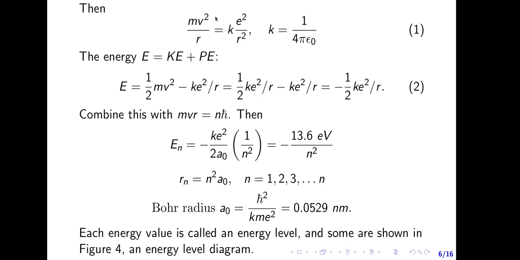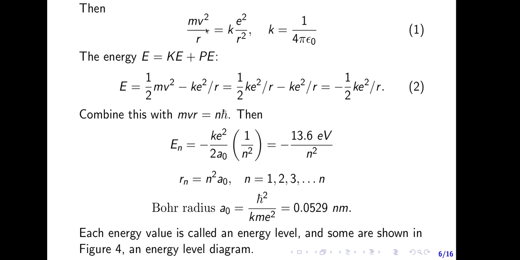The energy that keeps the electron moving in that circular path is provided by the Coulomb force between the electron and the what? Proton. According to Coulomb's law, the force between two charges is proportional to the product of the charges. The first charge is minus e, the second charge is plus e. The electron has charge minus e, the proton has charge plus e, and the distance between them is r. This k is a constant, which is 1 over 4 pi epsilon naught.